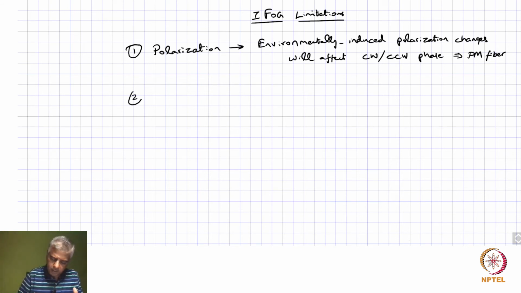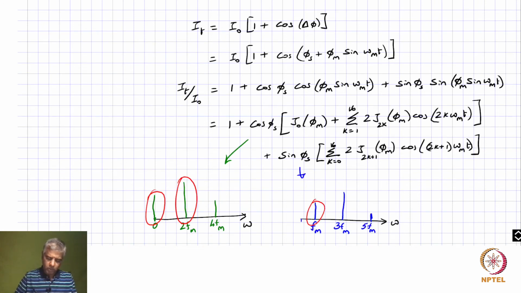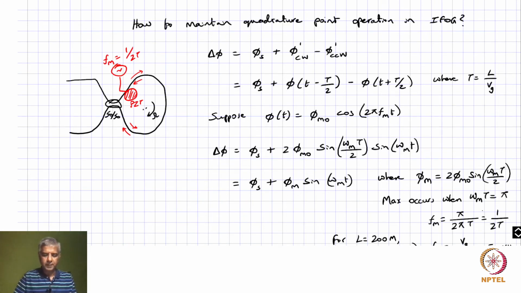But the other thing that can actually limit the performance of an IFOG is what is called coherent Rayleigh backscattering, and this is actually a very critical type of effect that we have to be very wary about. So what is coherent Rayleigh backscattering? Well, if we go back and look at this picture of a FOG, we are looking at the phase difference between the clockwise and the counterclockwise propagating beams.